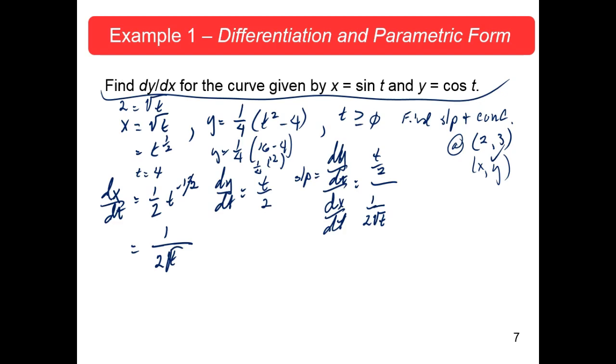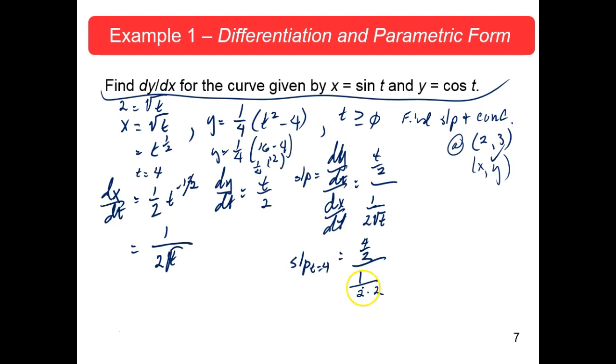So if we want the slope at that point, that'll be when t is equal to 4. So the slope when t equals 4 will be, what would that be? 4 over 2 over 1 over 4. 2 times 2 is 4.